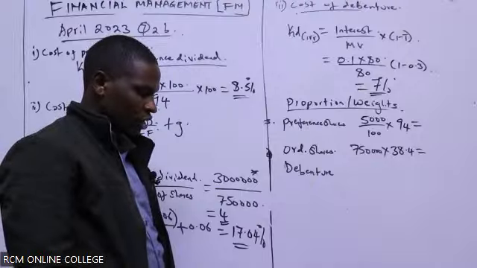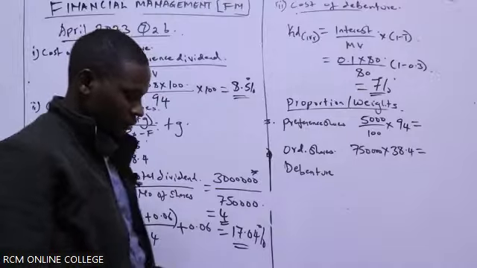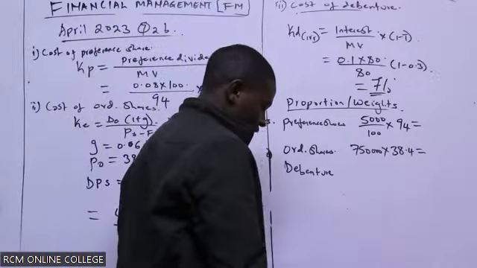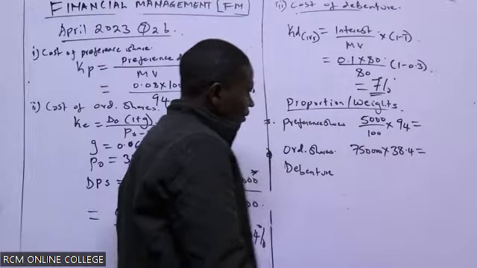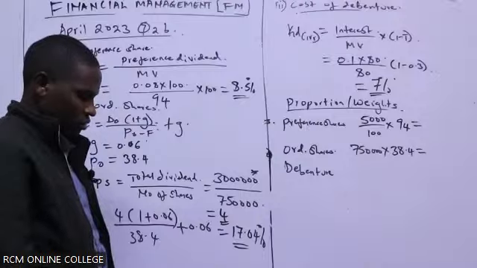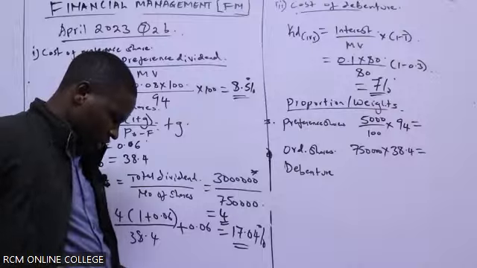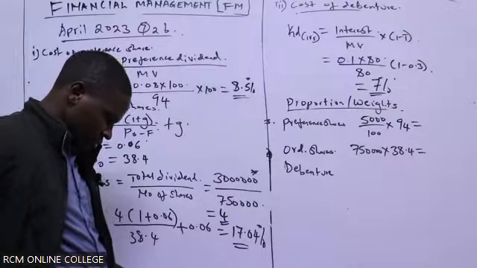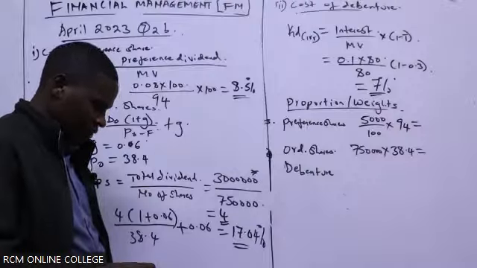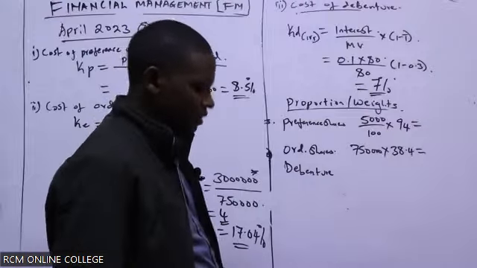So our debenture itakuwa namna gani? Debenture yetu, I can see we have 7,500, right? And we don't have par in this case.